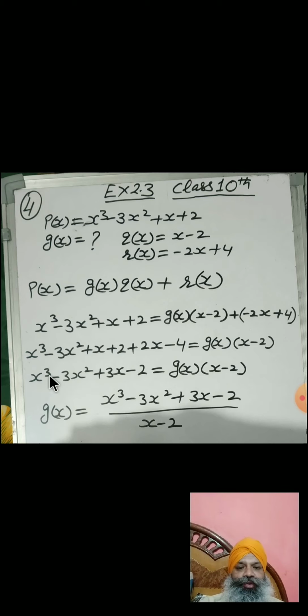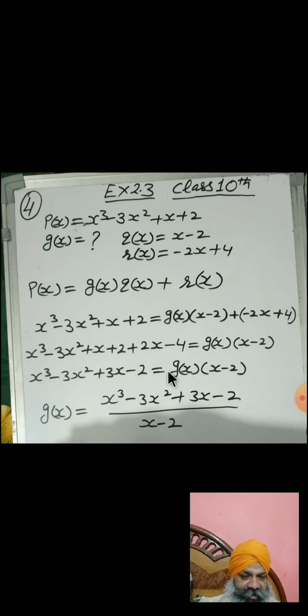So x cube minus 3x square, and x plus 2x is 3x. Now we have plus 2 and minus 4, which gives us minus 2. This is equal to g(x) times (x minus 2), and now we have to find g(x).